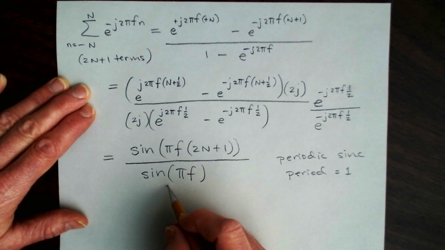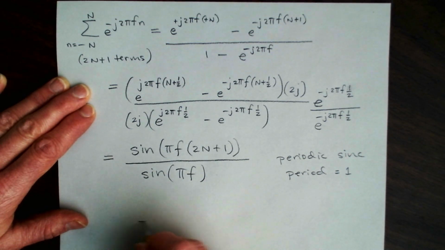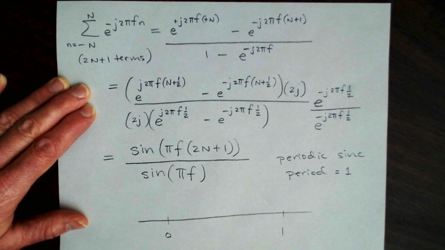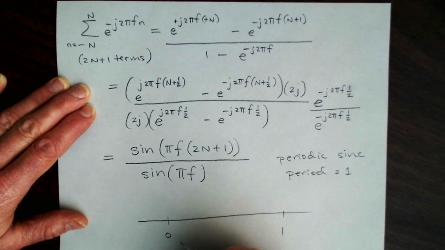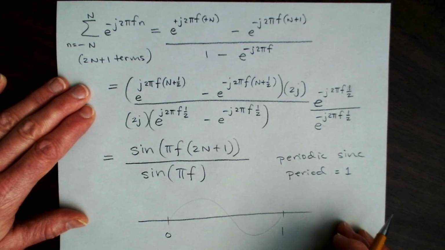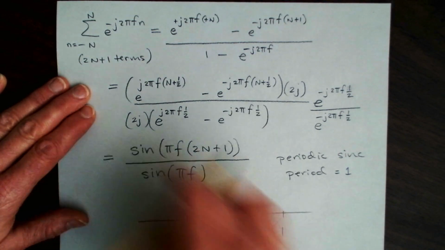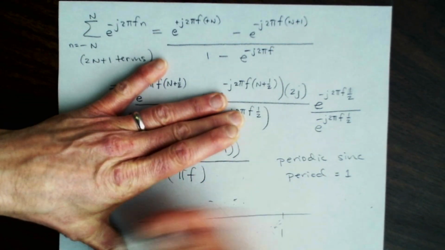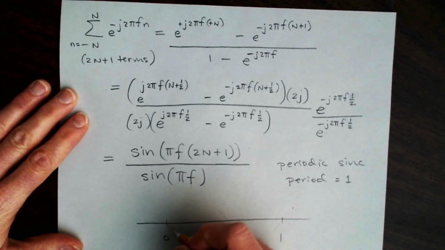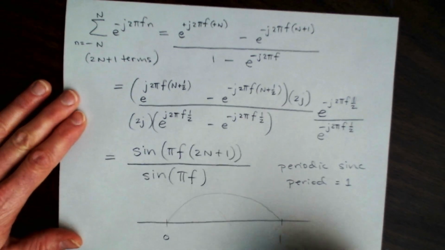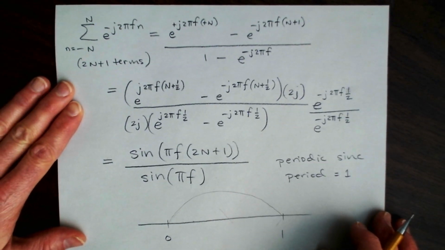And so that's going to give us a function that would look something like this. Let's plot between 0 and 1. The denominator sine function is going to go something like that between 0 and 1. No, I take it back. Between 0 and 1, the denominator is going to go up and down, half of a period of a full sine wave.